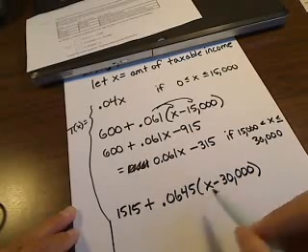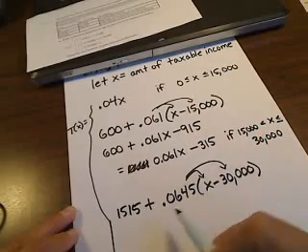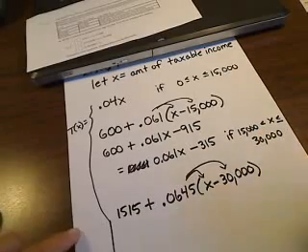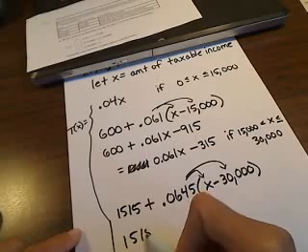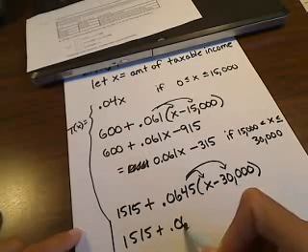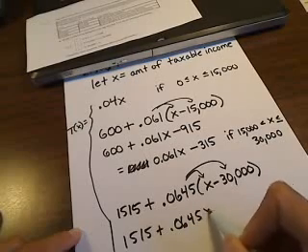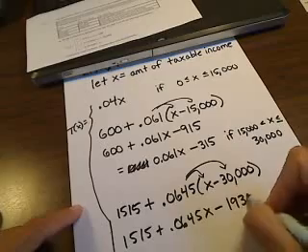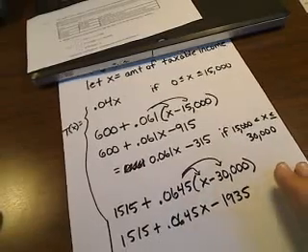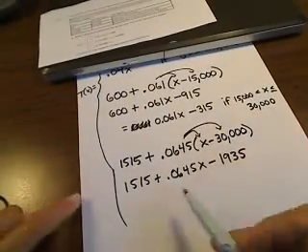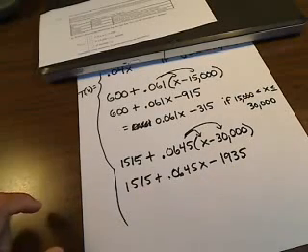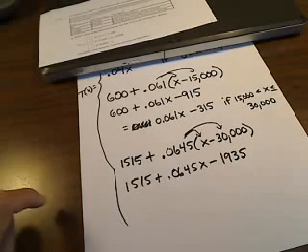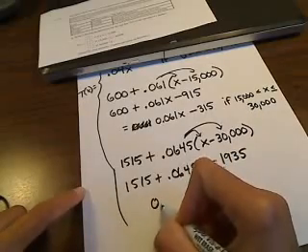Again, to simplify this, distribute the 0.0645. We have 1515 plus 0.0645x minus 30,000 times 0.0645, which is 1935. If I collect like terms, the 1515 and the negative 1935 give you negative 420.